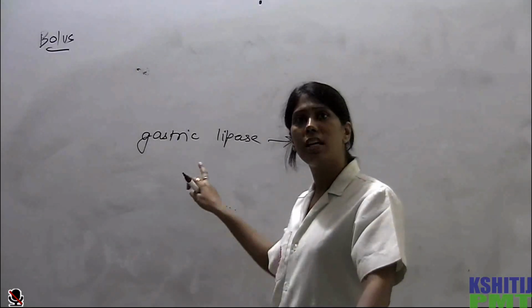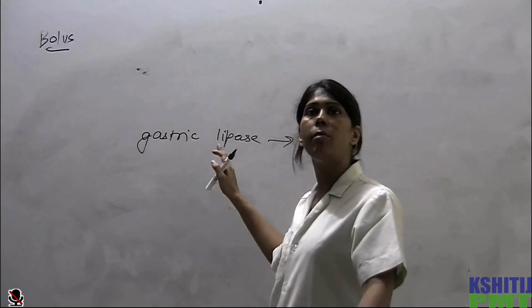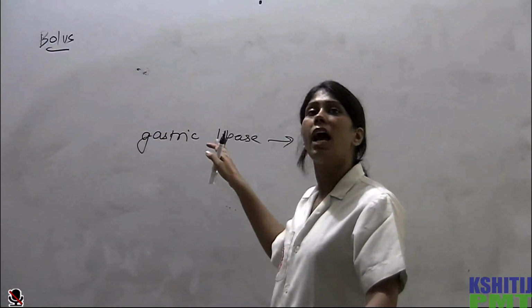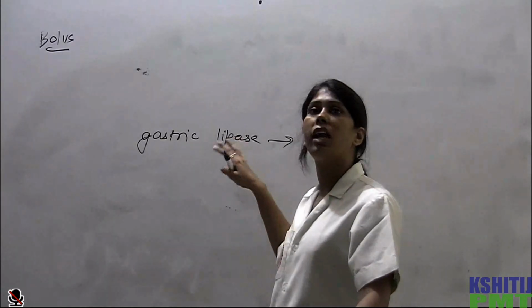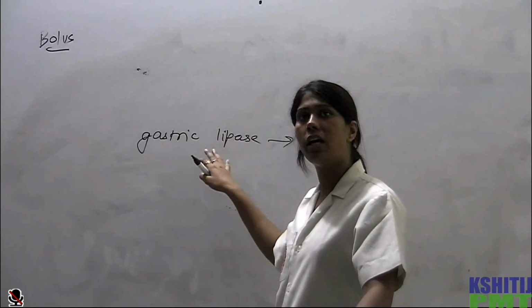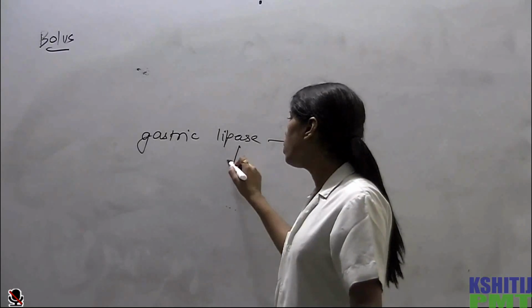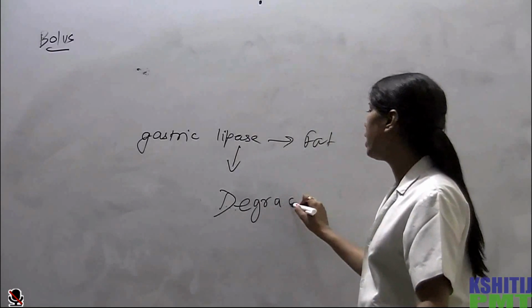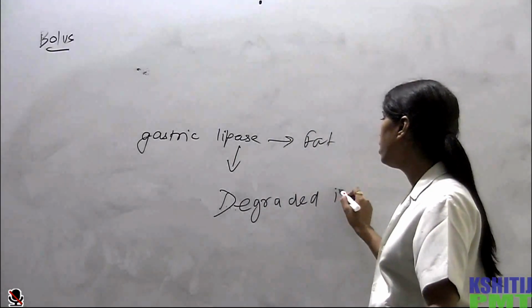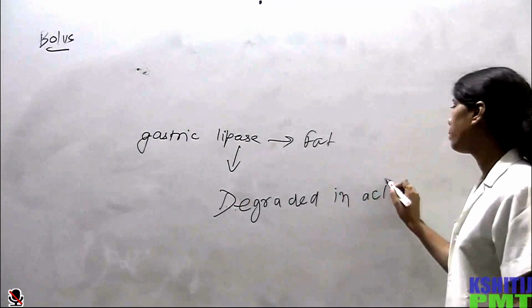That is why this gastric lipase doesn't have any function in the stomach. It gets degraded or disintegrated in acidic pH.